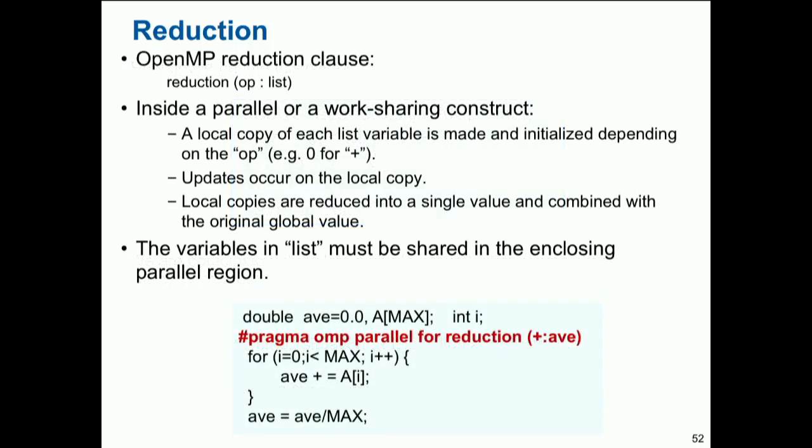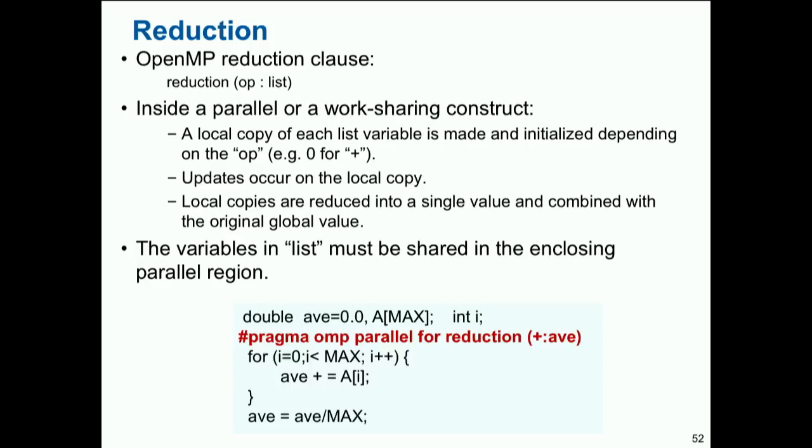So OpenMP has a construct for this. It's an attachment to the parallel for. You basically add a reduction at the end. Literally, you write reduction, and in open parentheses, you first tell it what the operator for the reduction is. And then you're done, simply.